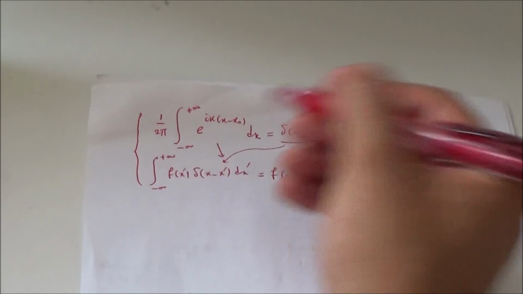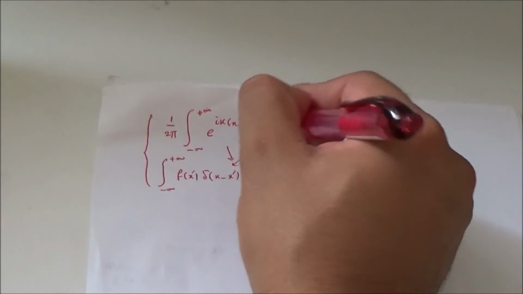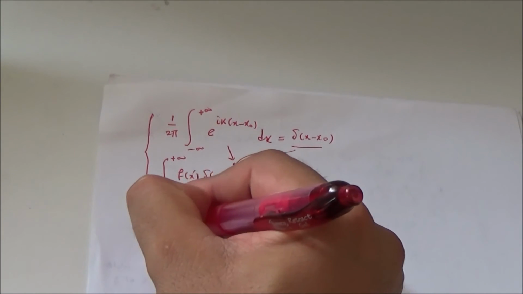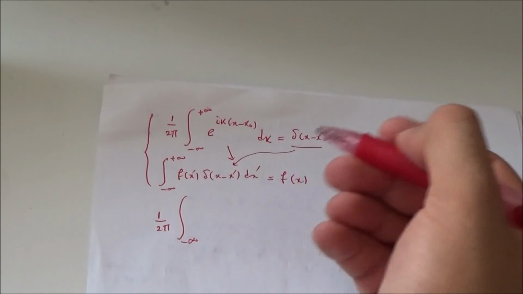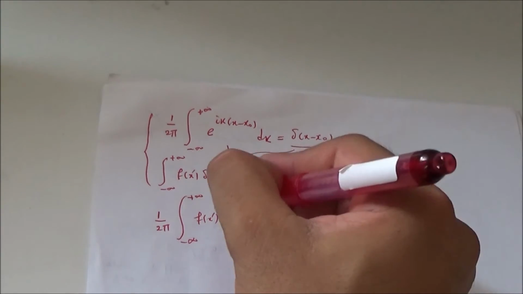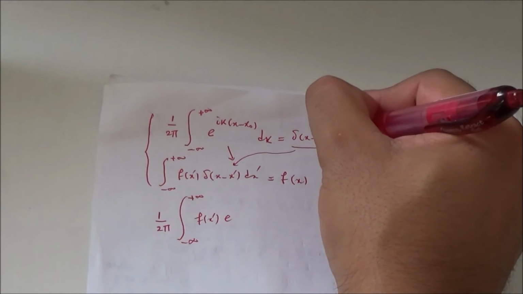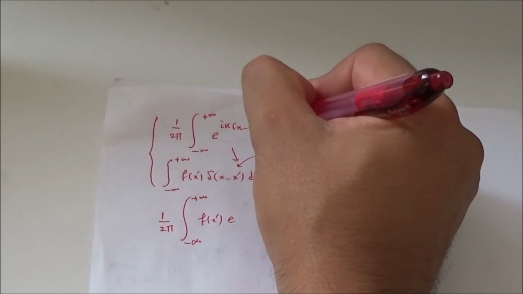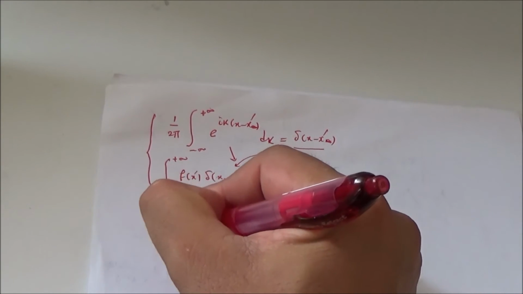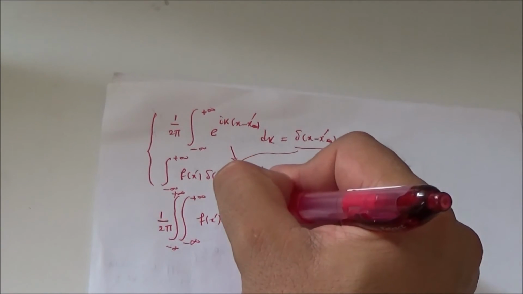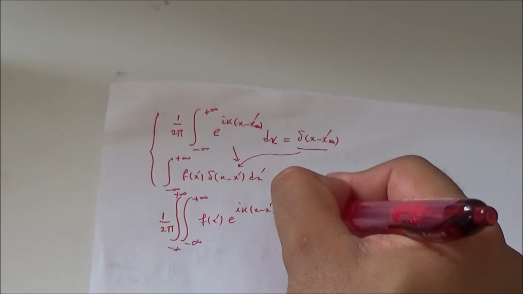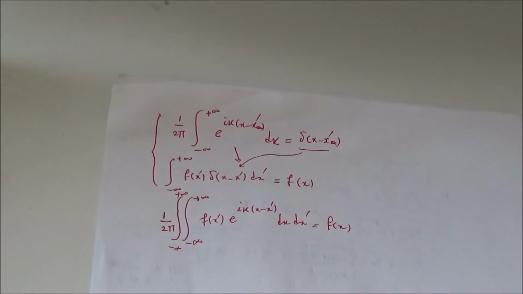I will have 1 over 2 pi times the integral from minus infinity to plus infinity of f of x prime, replacing this x0 by x prime, sorry, times, in fact, now a double integral from minus infinity to plus infinity of the exponential of ik(x minus x prime) dk dx prime, and the result is f of x.